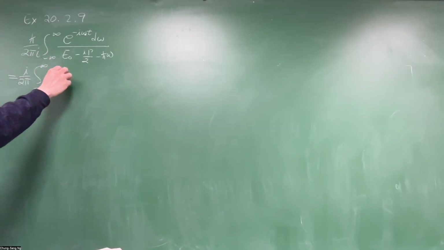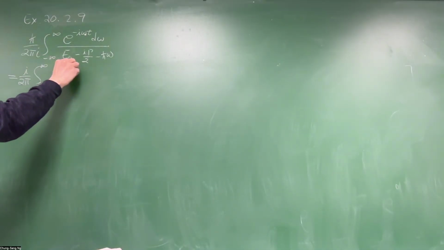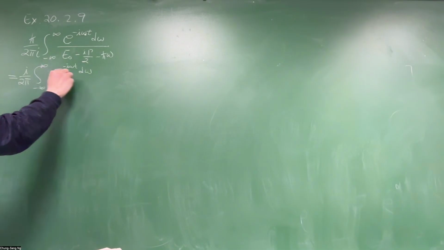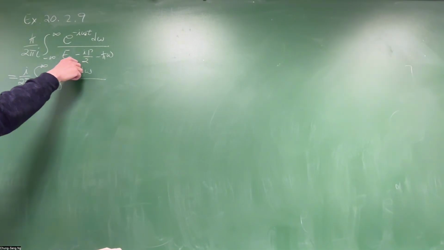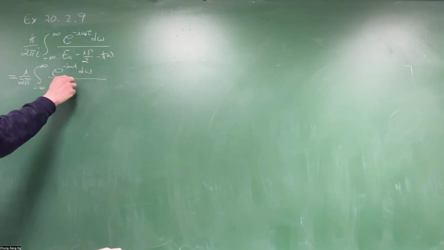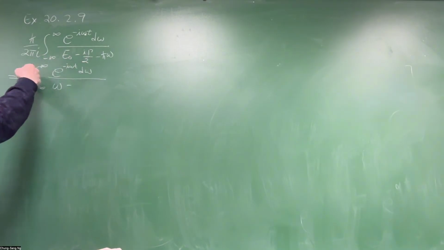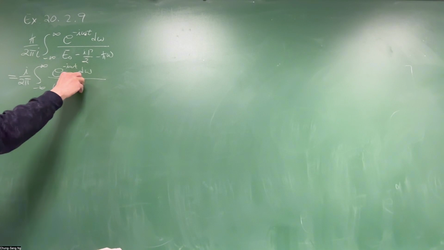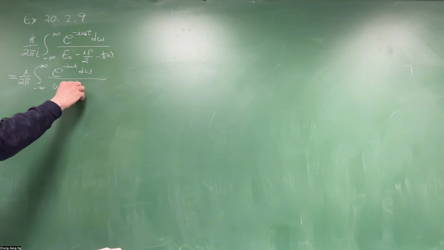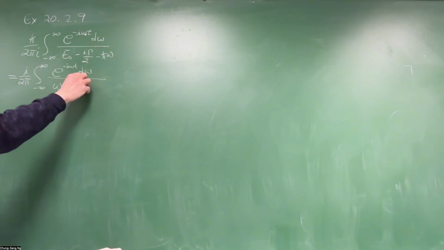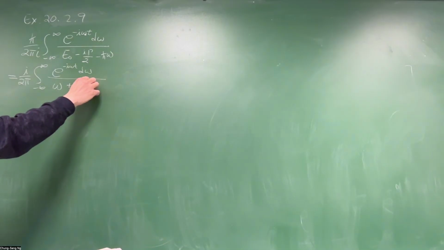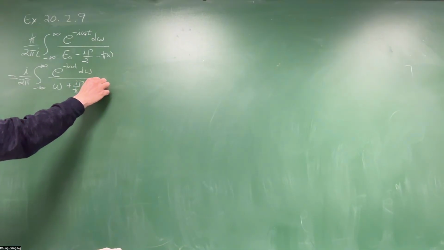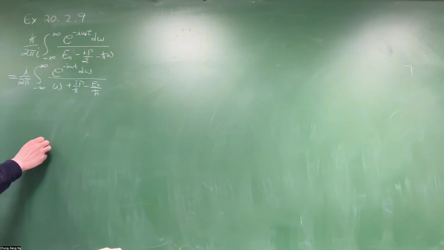That will be changed to omega, and the imaginary part becomes gamma over h bar, and change the negative sign. Right, and this is minus i.